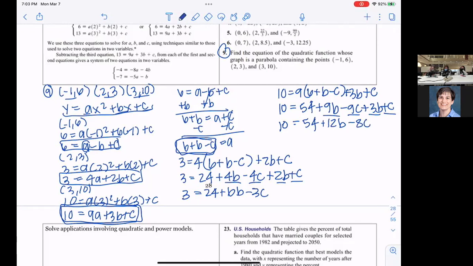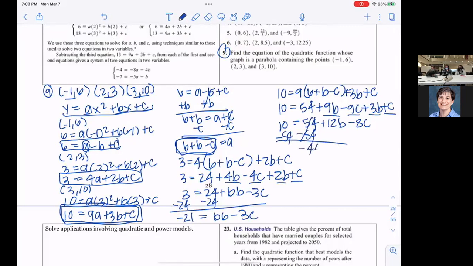And then for each of these, we can get the B and C's by themselves. So going back to this equation, we can subtract 24 from both sides. And 3 minus 24 is negative 21. So we're gonna get a negative 21 equals 6B minus 3C. And for this one, subtracting 54 from both sides, it's gonna give us a negative 44 equals 12B minus 8C.